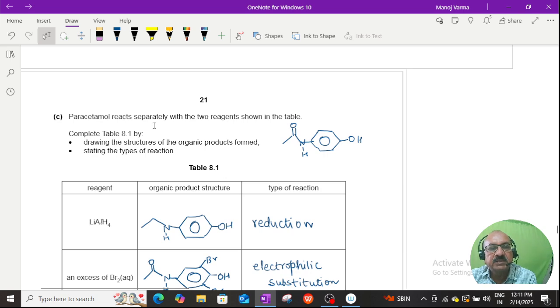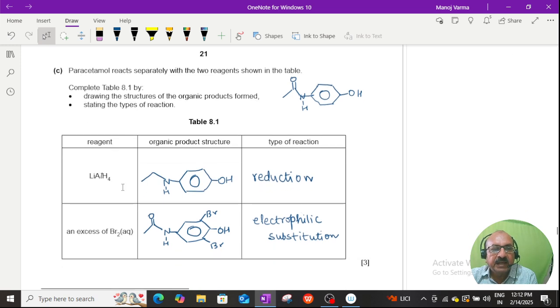Paracetamol reacts separately with the two reagents shown in the table. Complete the table 8.1 by drawing the structures of the organic products formed and stating the types of reaction. So I have once again drawn the paracetamol molecule here for your reference, and we have to say what happens by the action of LiAlH4.